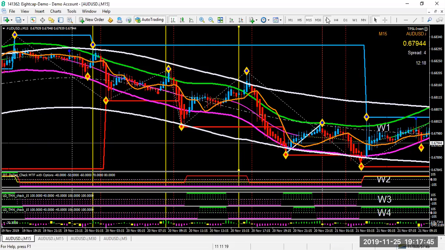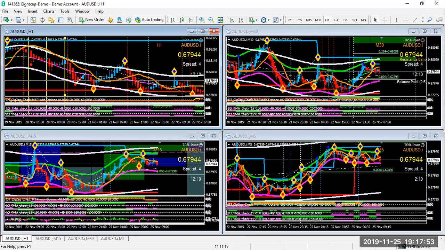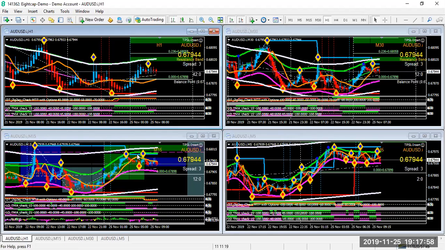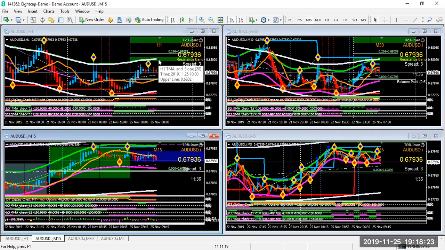And because you have a multi-chart, you can actually see that as it occurs in the present time. So 1 hour, movement up, confirmed blue line. So we'd expect price action to probably want to get to the first resistance band.